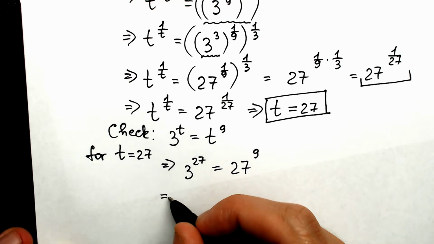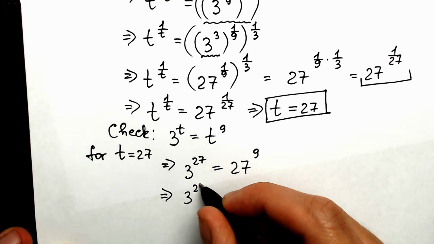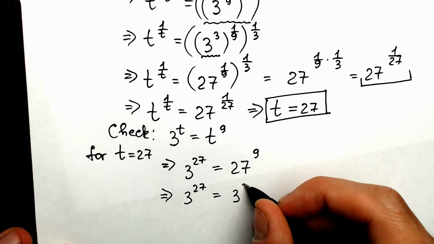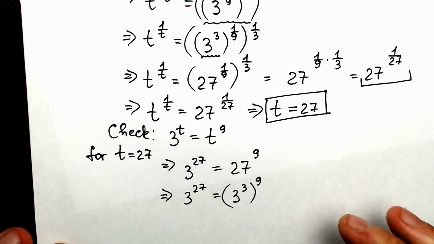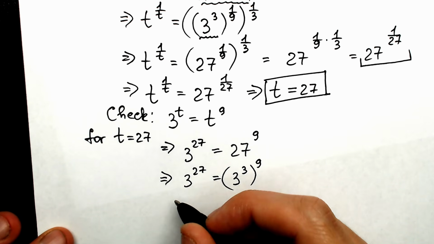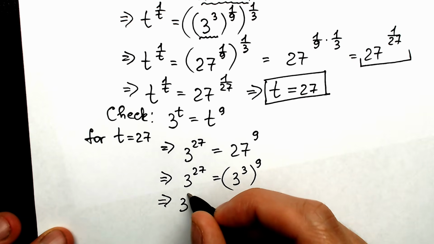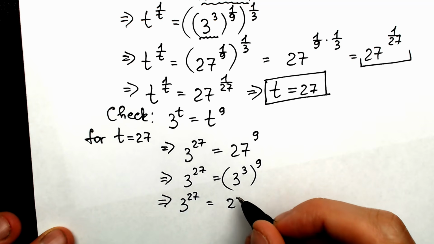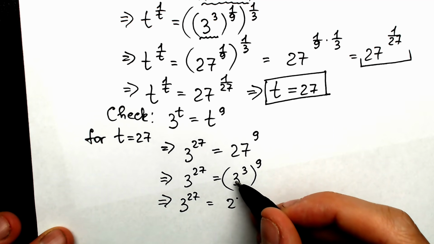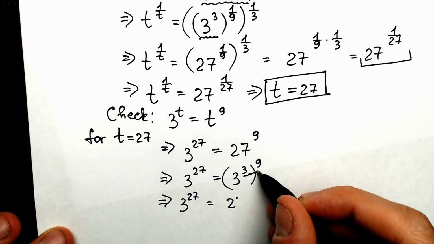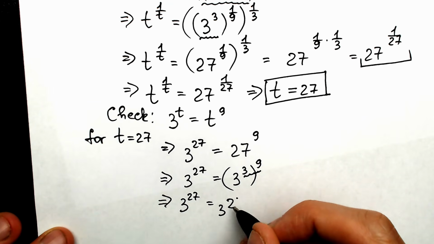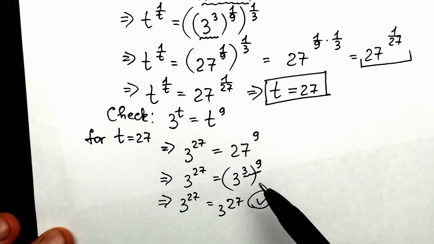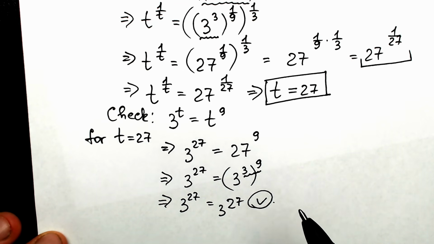So basically we have absolutely the same left side, 3 to the power 27, but 27 on the right side let's write as 3 cubed. 3 cubed raised to the power 9, and according to the known property, everyone knows about it, we need to multiply 3 times 9. So we have 3 to the power 27. Absolutely the same expression on both sides, because we need to prove that our root is absolutely correct.